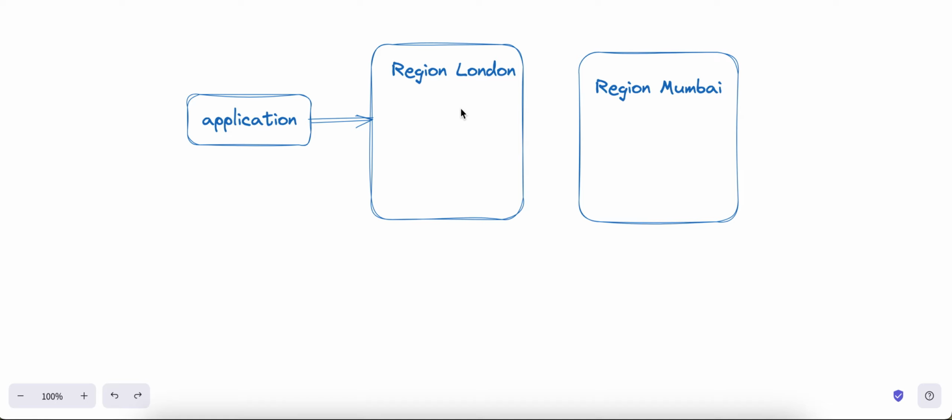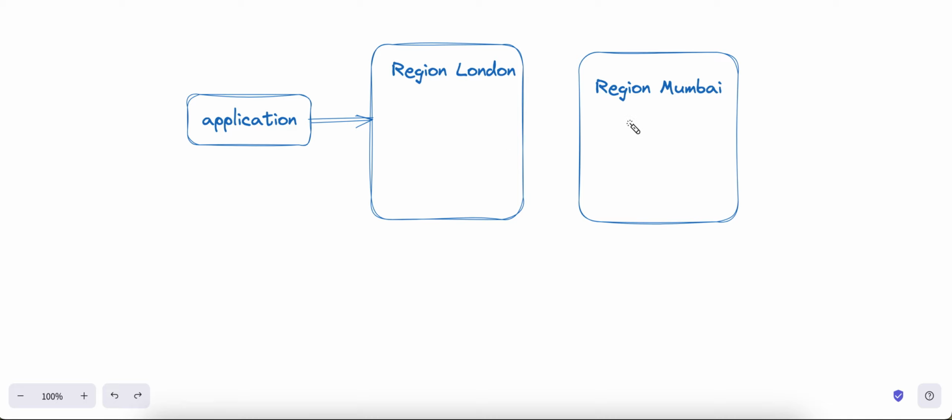Now what are the advantages that we get when we have this kind of deployment strategy is, let's say if your London region goes entirely down, right? So for example, this is completely down, but still your application doesn't crash, or it still serves, though users will face some kind of high latency.